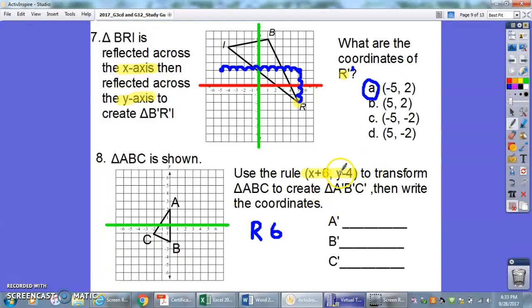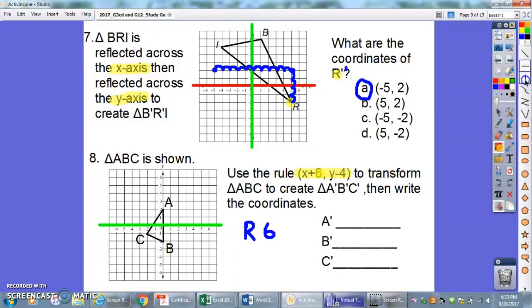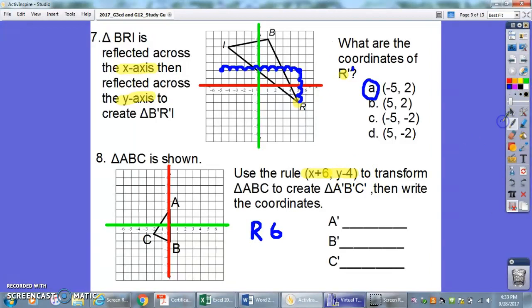Then the y-axis is the vertical axis. Let me get a different color, so I'll go back to red and show you that when it says y, you are traveling up or down. So when it says -4, that's going down. We're going to go right 6 and then down 4 spaces. There's my direction, so I won't forget. I have to do each point.